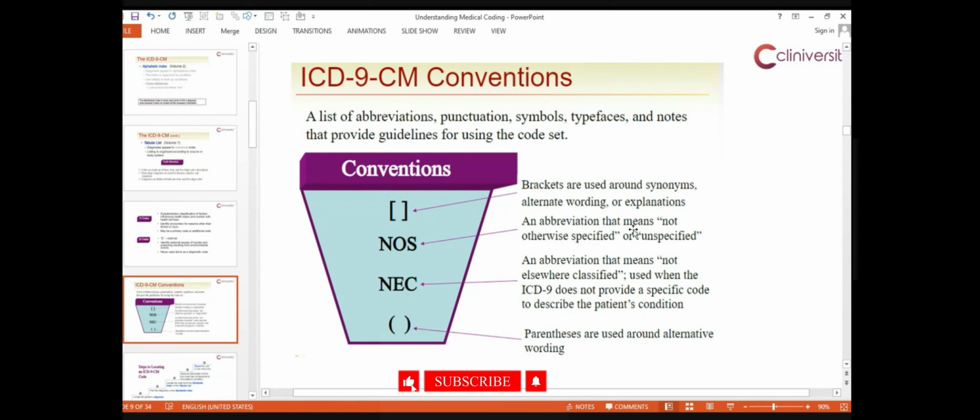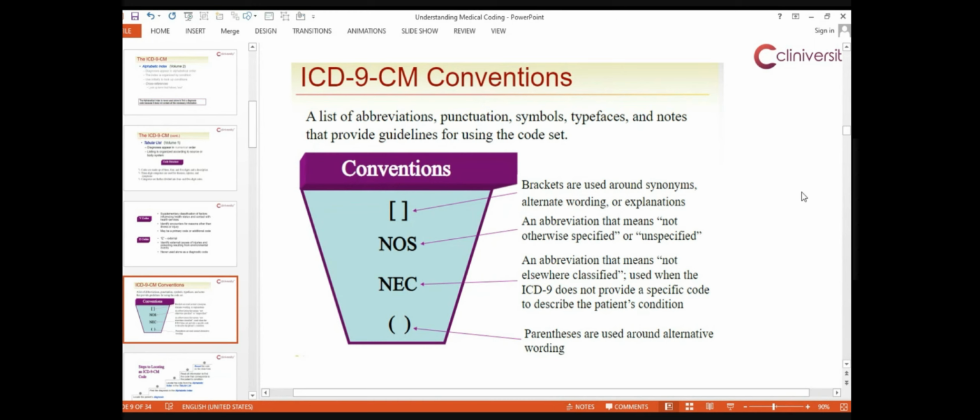Then inside the code, if in the explanation you are finding NOS, it's an abbreviation that means not otherwise specified or unspecified. NEC is an abbreviation that means not elsewhere classified. So NOS is not otherwise specified. NEC is not elsewhere classified.